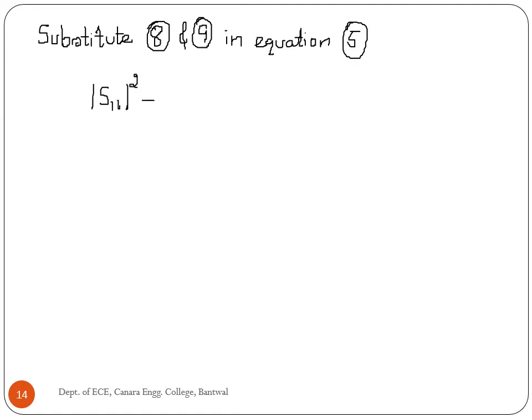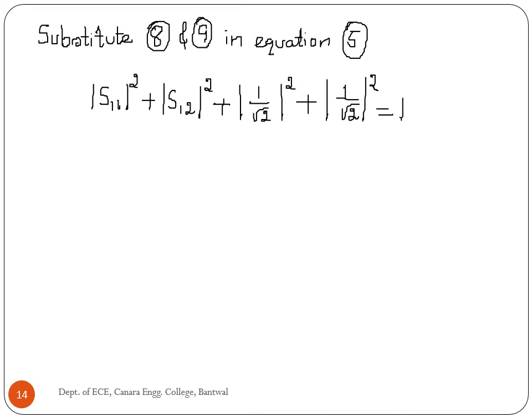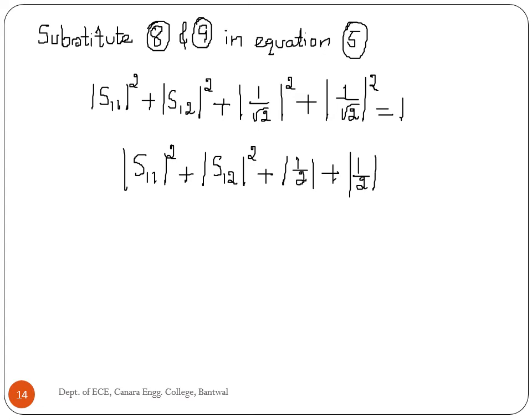S11 square plus S12 square plus S13 square and S14 square is equal to 1, or S11 square plus S12 square plus half plus half equal to 1.